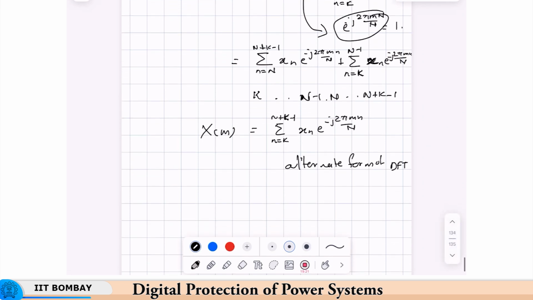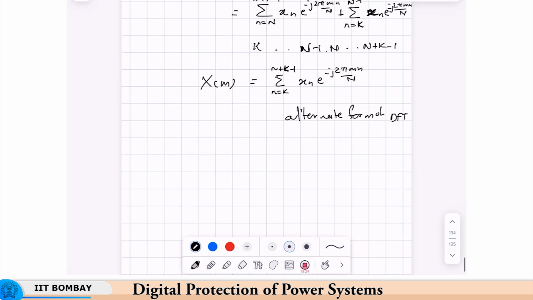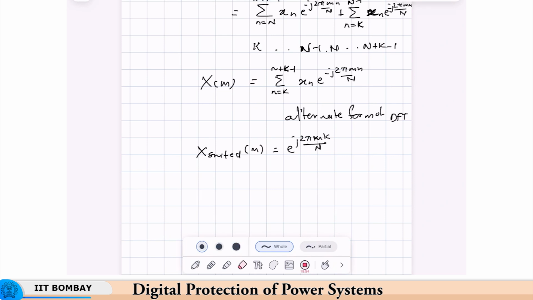Okay. Now, we have to compute the shifted DFT. Okay. So, what does that say? X shifted, we will just call it x shifted for the sake of convenience, shifted by k samples is e raised to j, I will just state it and then we will go for the proof, into your, okay.